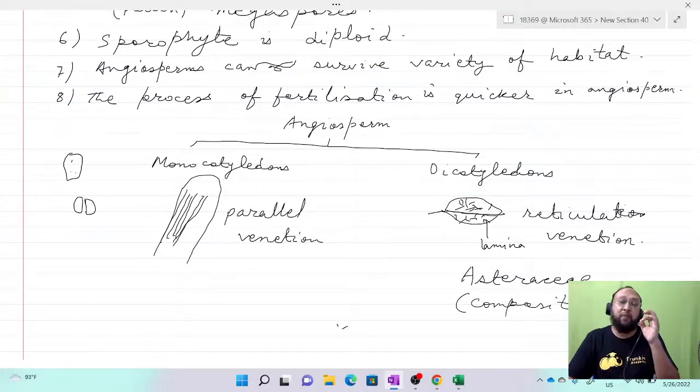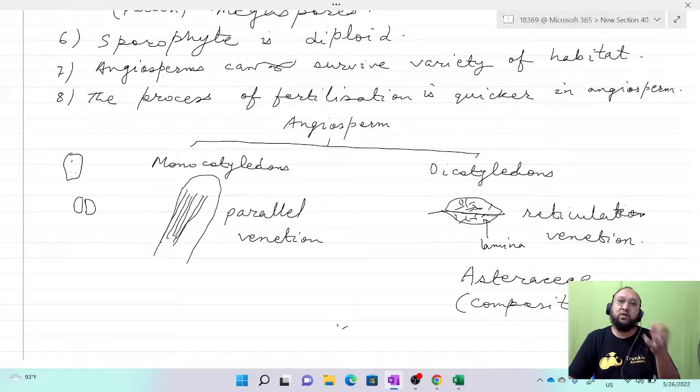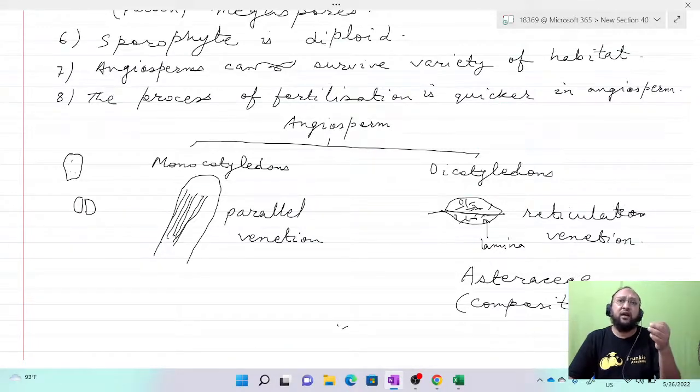Asteraceae means plants like sunflower, which has a specialized kind of flower, and the flower structure is a little complex. In case of the monocotyledonous, the examples are grass, maize, rice paddy, or wheat, etc. As compared to the monocotyledonous, dicotyledonous plants are more evolved and advanced.